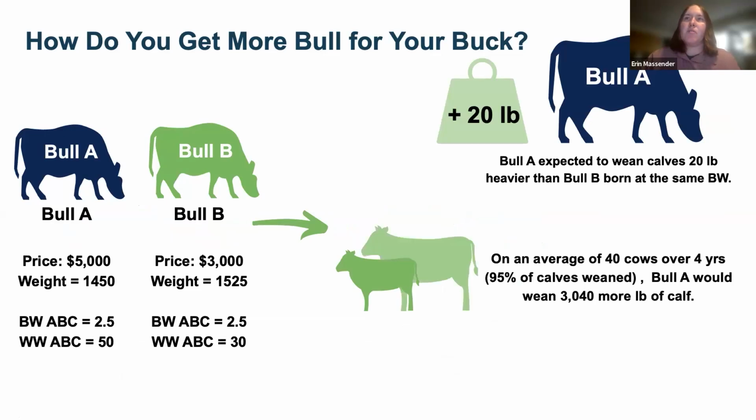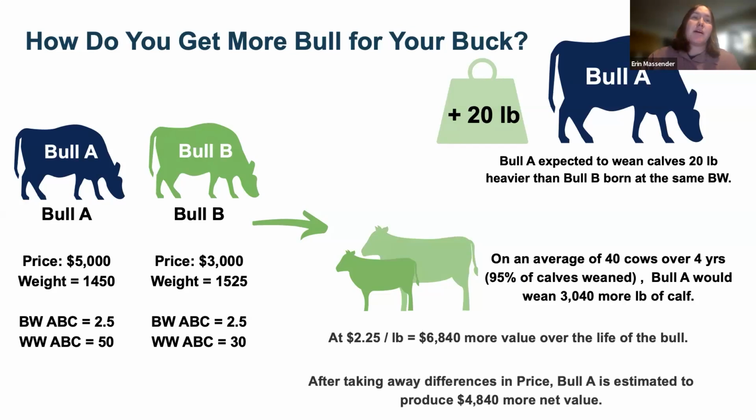If we breed that bull to 40 cows over 4 years, assuming 95% are weaned, bull A would wean 3,040 more pounds of calf. Now, these numbers are out of date, but assuming, say, a market price of $2.25 per pound, that's an extra $6,840 of value over the life of the bull.